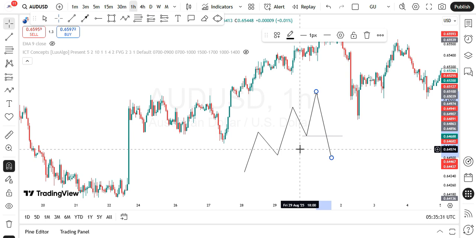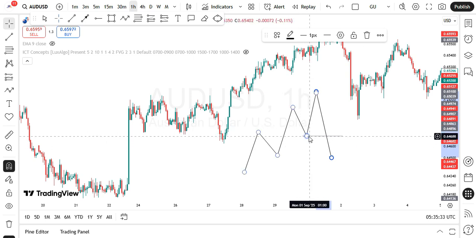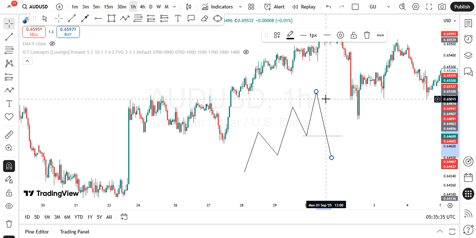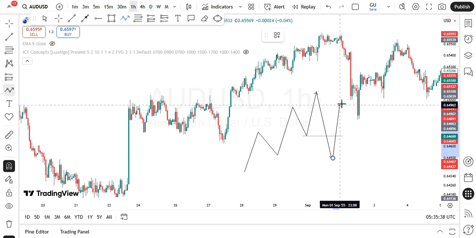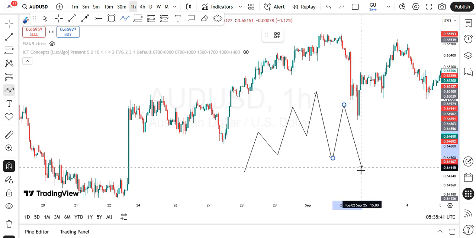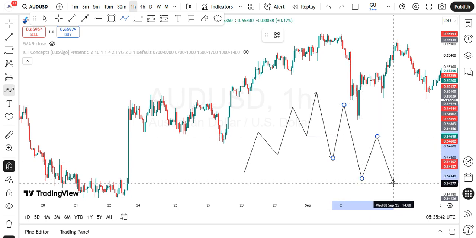What that means is that these highs may not continue going higher. So we may get something like this, and then the market will now move downward. So you could see that there is a switch from bullish structure to bearish structure.